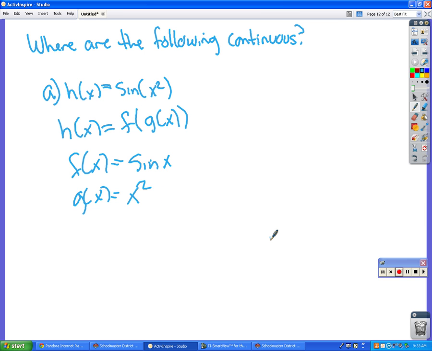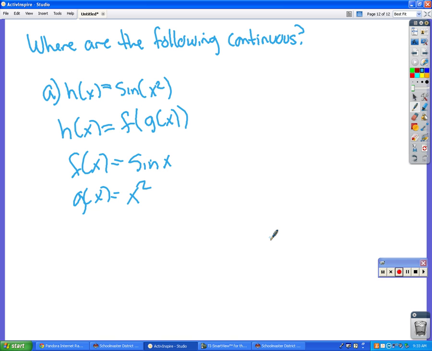Okay. Where is x squared continuous? Everywhere on its domain. Where is sine of x continuous? Everywhere on its domain. So this theorem that we just went through tells us that the sine of x squared is also continuous everywhere on its domain.